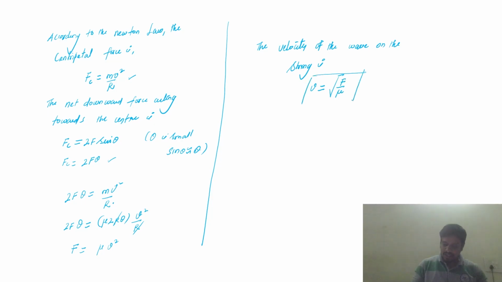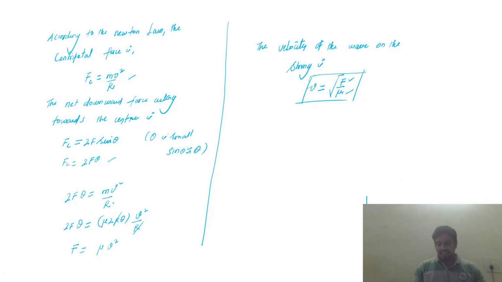This is the way we can calculate the velocity. Once you know the force and the linear mass density, we can calculate the speed of the wave on the string. This relation makes sense because if you oscillate the string with a huge force, the acceleration will be huge, so the velocity of the wave on the string will be large.